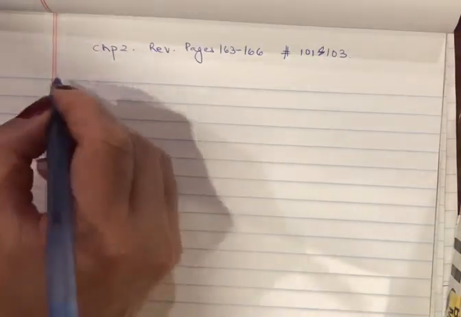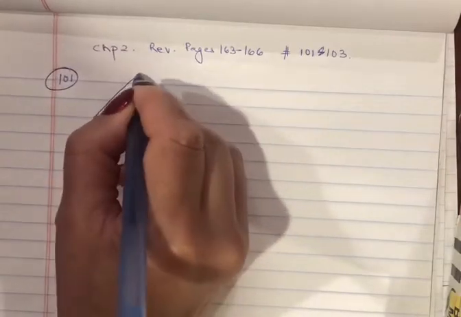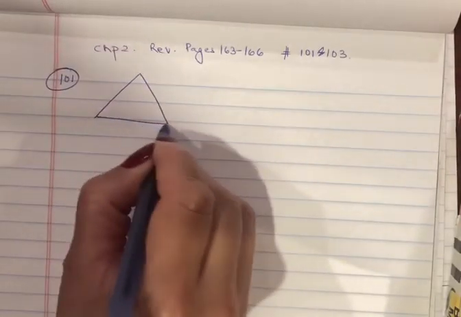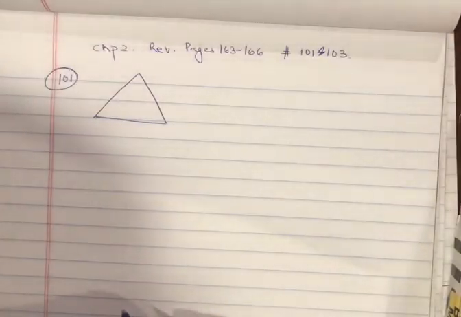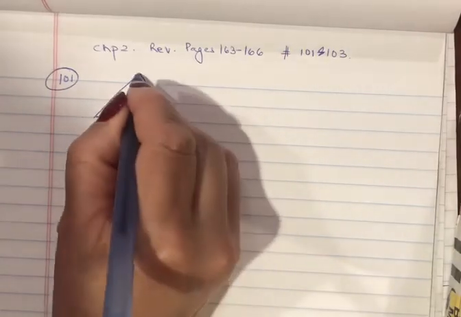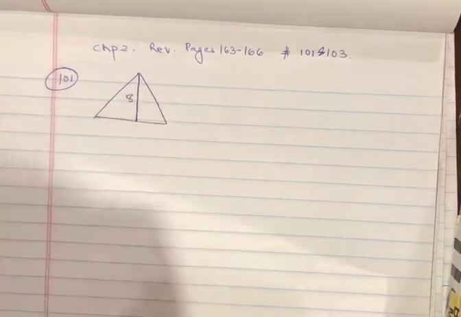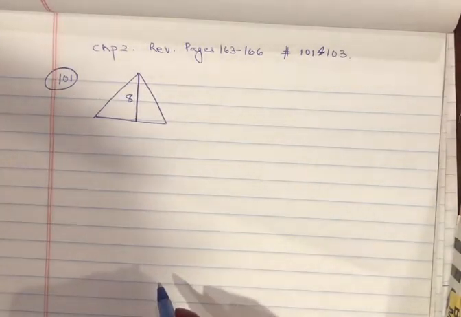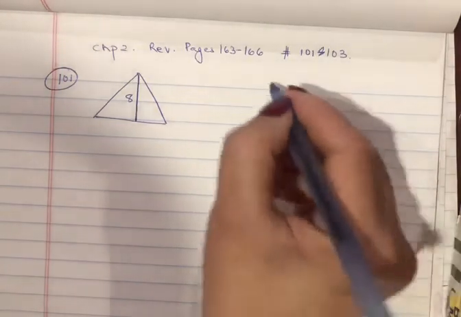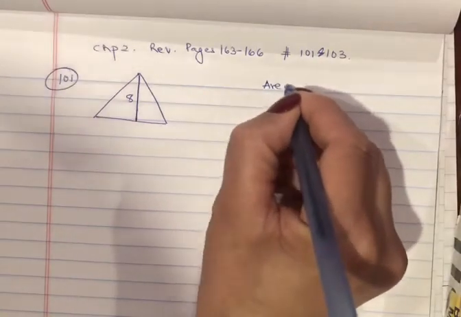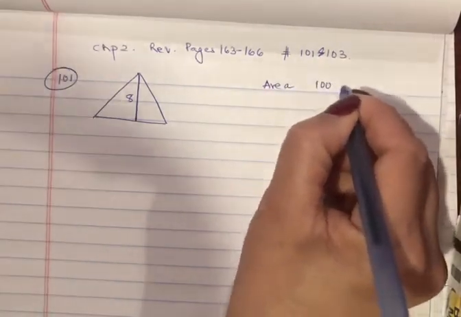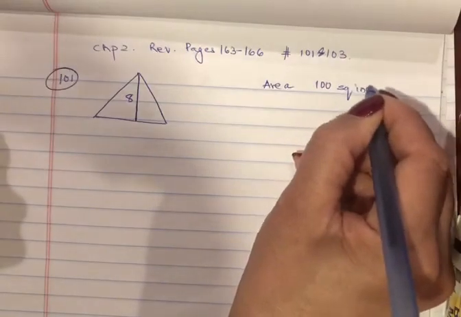So let's go ahead and, for 101, draw a triangle. Now it's saying the triangle with a height of 8 inches. So we know that this height is 8 inches. It is to have an area that is not more than 100 square inches.